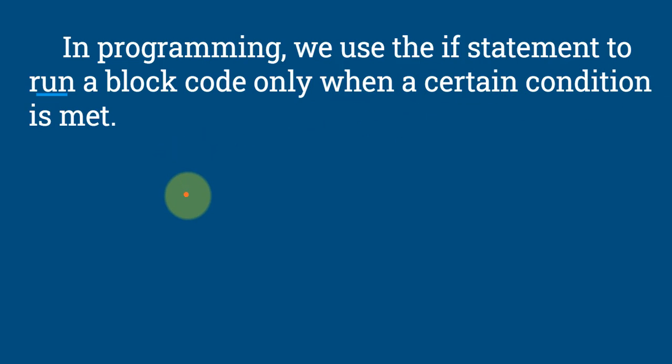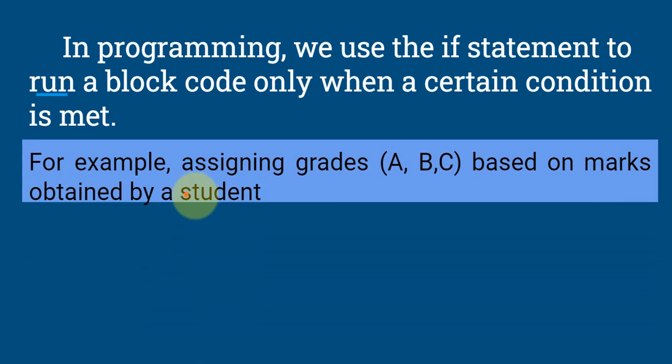Let's have an example. Let me say our grades are equivalent to A, B, and C. We will assign the grades A, B, and C based on the marks obtained by each student. So we can create certain conditions for this.